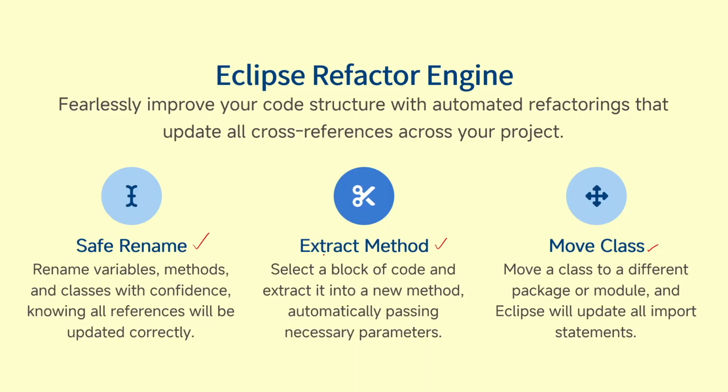Say, for example, if you change a variable name in one location and it is used elsewhere in the program or in any other packages, the name will be updated as you have modified it without any problem. That is available in Eclipse. Okay, extracting a method is also another advantage in Eclipse, where you can automatically pass the necessary parameters from one method to another.